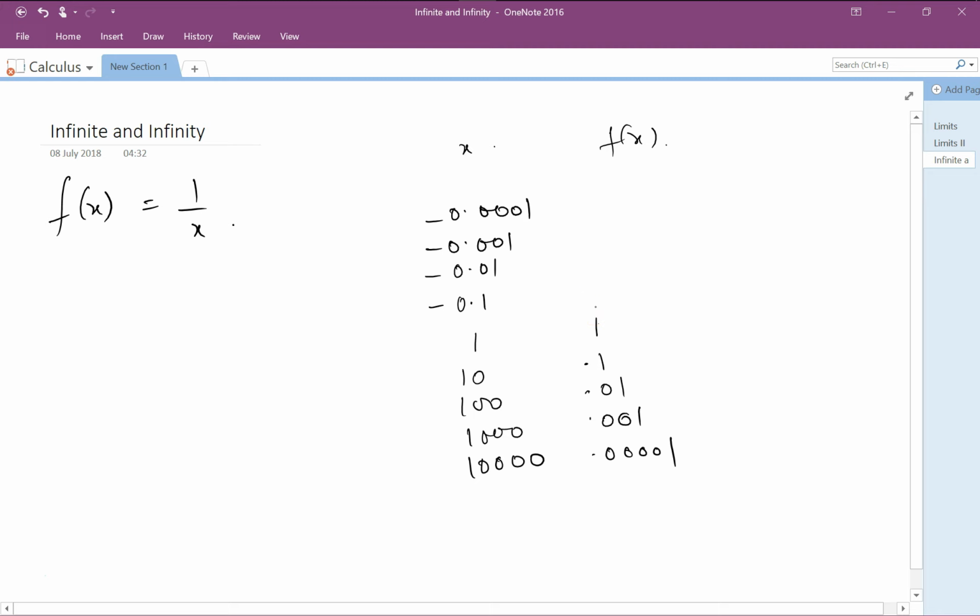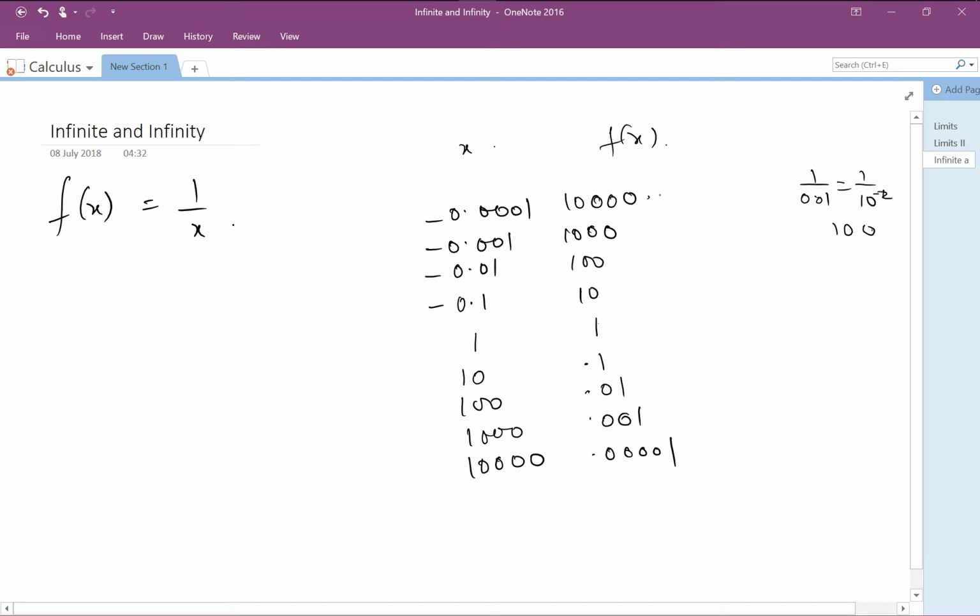1 by 0.1 is what? 1 by 0.1 is nothing but 1 by 10 to the power of minus 1, which is nothing but 10. So this becomes 10. If it is 0.01, it becomes 100, then 1000, 10,000.